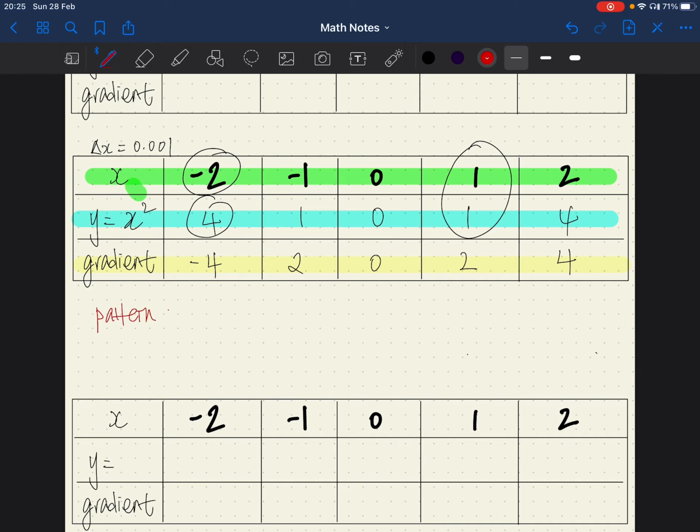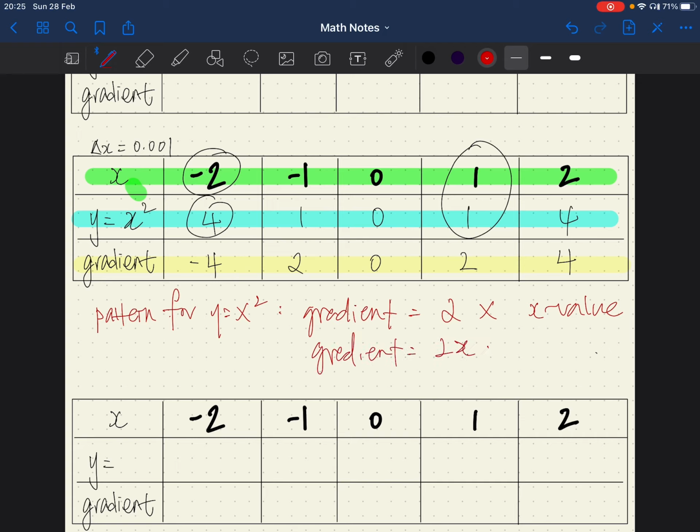So we are always trying to find a pattern. For y equals to x squared, the gradient is 2 times the x value, which means the gradient is 2x.